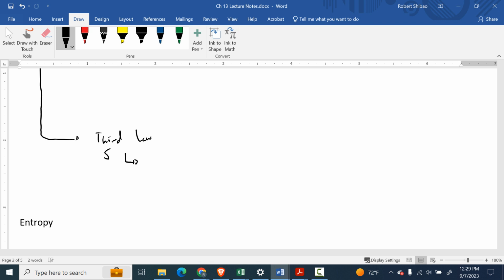And all the third law says is that the entropy of a perfect crystal at 0 Kelvin is 0. The entropy of a perfect crystal at 0 Kelvin is 0.